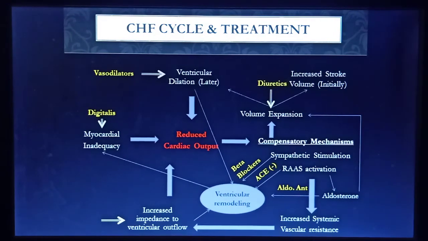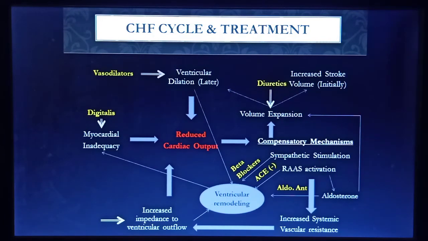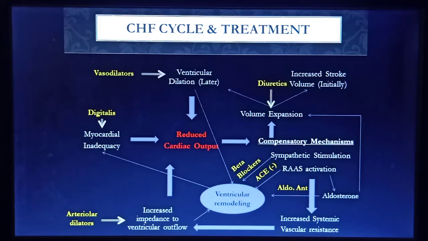Aldosterone antagonists like spironolactone reduce the function of aldosterone, which causes ventricular remodeling. And one more, arterial dilators will decrease the impedance to ventricular outflow, so that there is no more cardiac output reduction. So all these drugs reduce the symptoms of congestive heart failure and make the heart function properly.